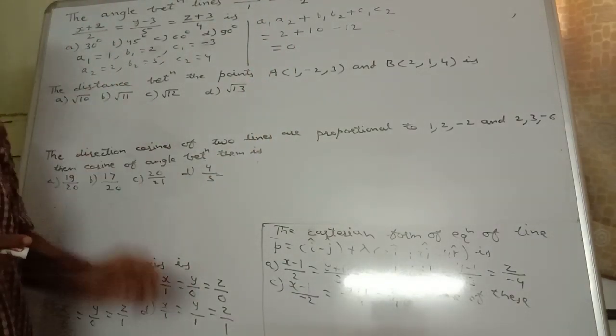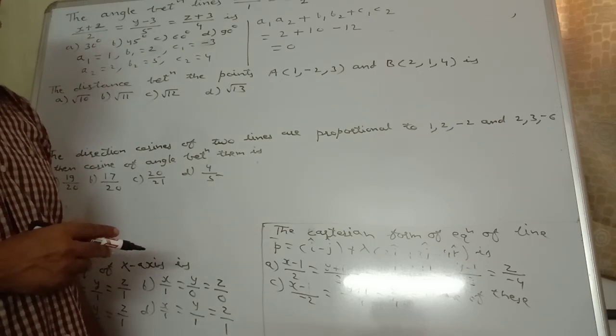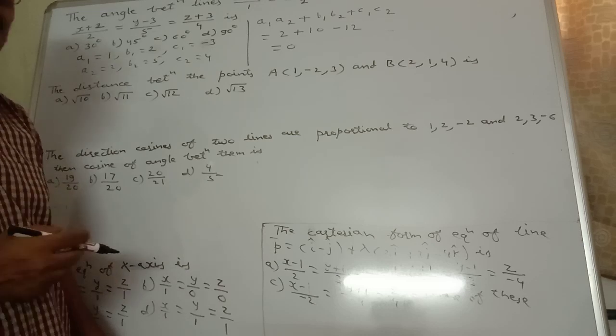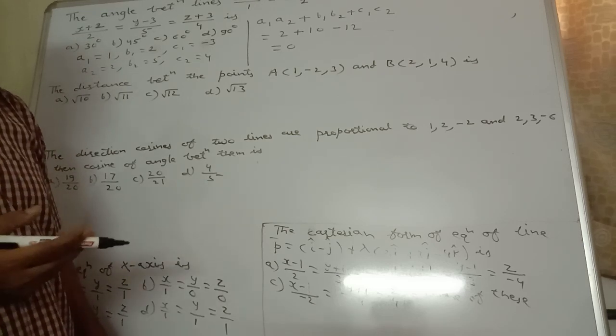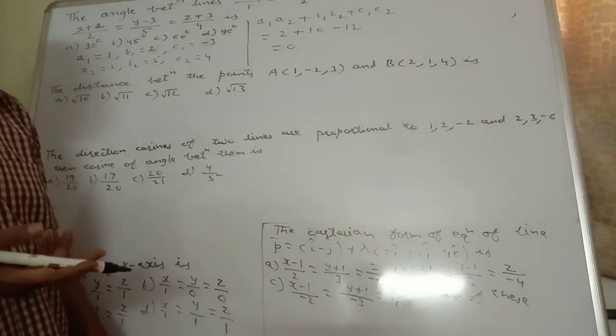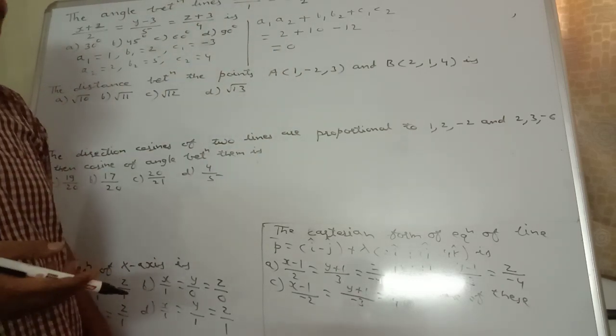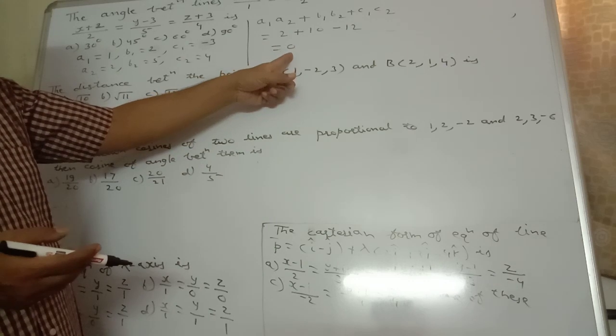Now here we need not find under root A1 square plus B1 square plus C1 square as well as under root A2 square plus B2 square plus C2 square, because the sum of products of direction ratios of the two lines is equal to 0.